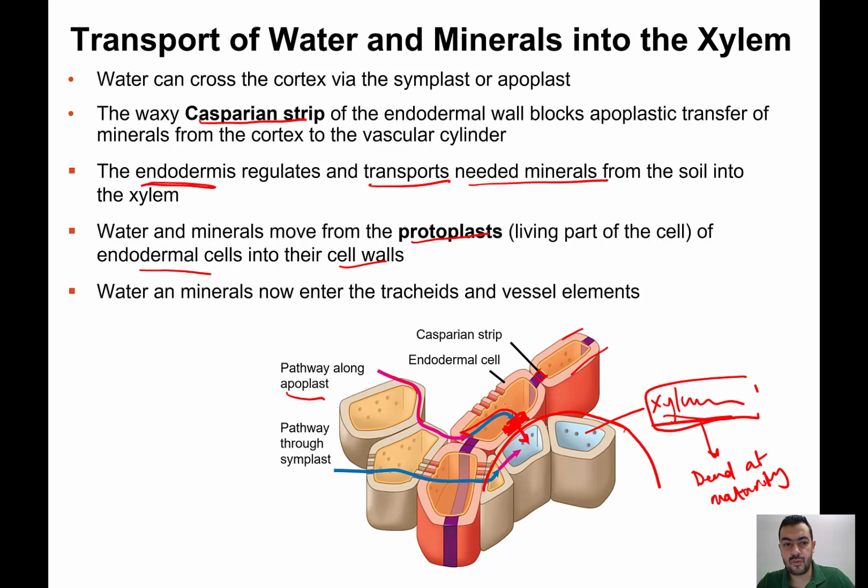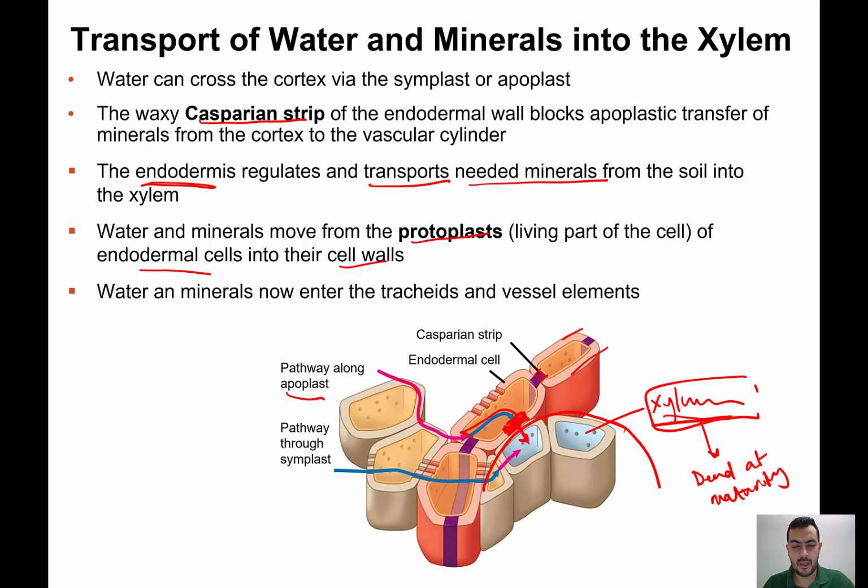So now the plant will selectively take up the nutrients that it needs, and once it is inside the endodermis, it will cross the cell wall of the endodermis. From the cell wall of the endodermis, it will go to the tracheids and the vessel elements of the xylem. Once it is inside the xylem, it is now easier to transport these minerals and water through the other parts of the plant.